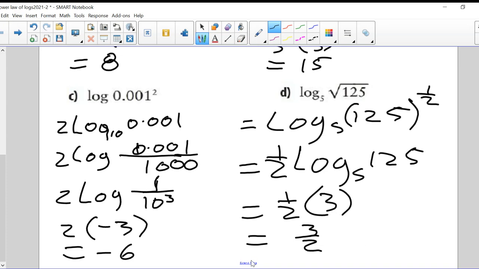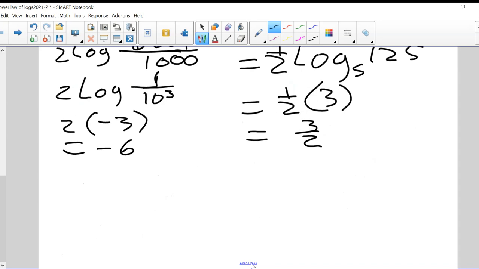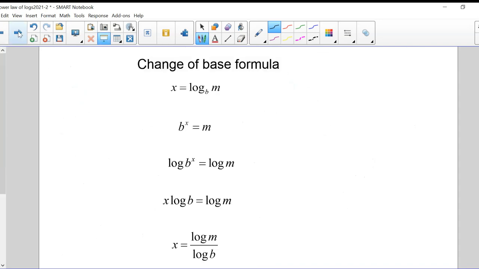Okay, well, if that was okay, I'm going to move along and show you now how we can apply that to what's called a change of base formula. Let me go through this step by step.